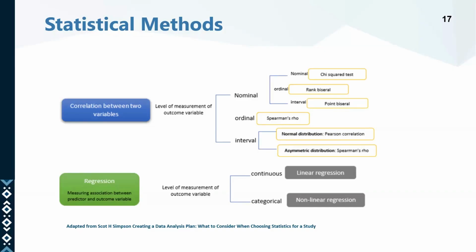So globally, we can say that you use parametric tests when you are dealing with continuous variables, normally distributed data, or when you have large samples, and non-parametric tests when your data is maybe skewed and of smaller size. For most of the parametric tests, you have a corresponding non-parametric test.